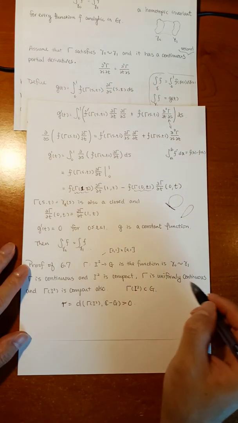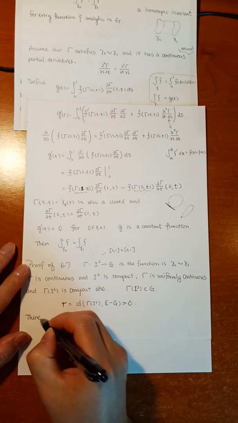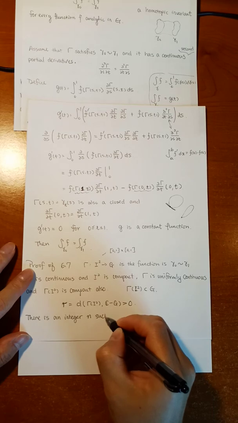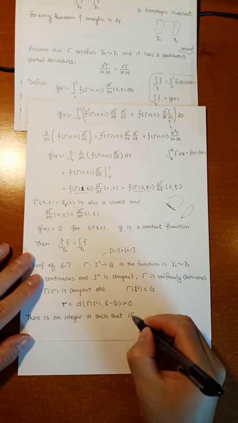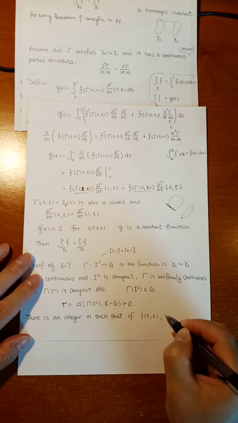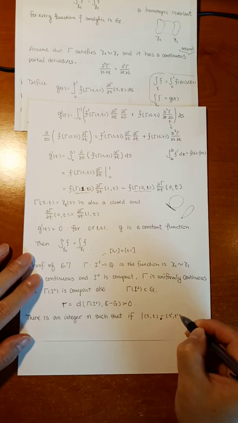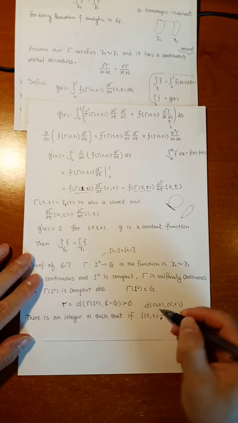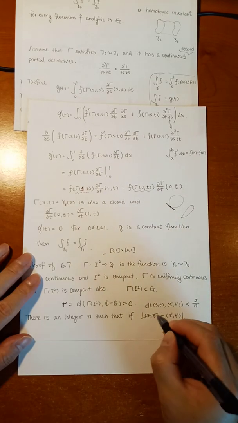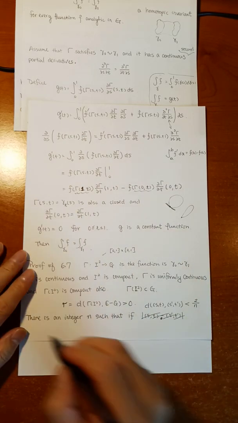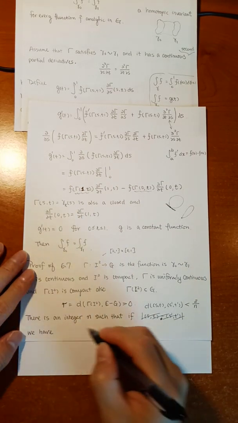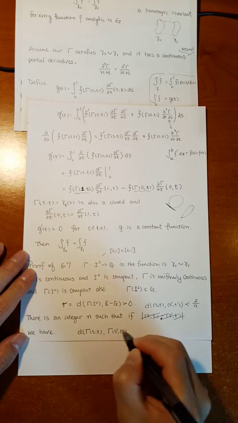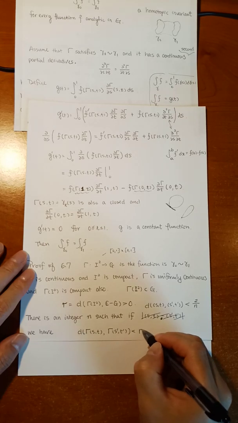Gamma is uniformly continuous. There is an integer n such that if the distance of st and s prime t prime is less than 2 over n, then the distance of gamma st and gamma of s prime t prime is less than r.